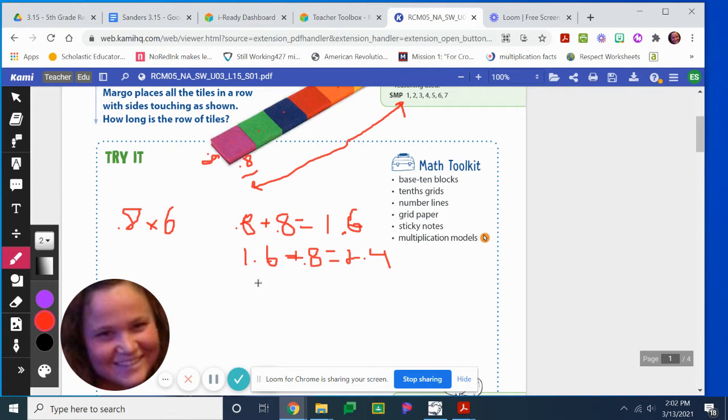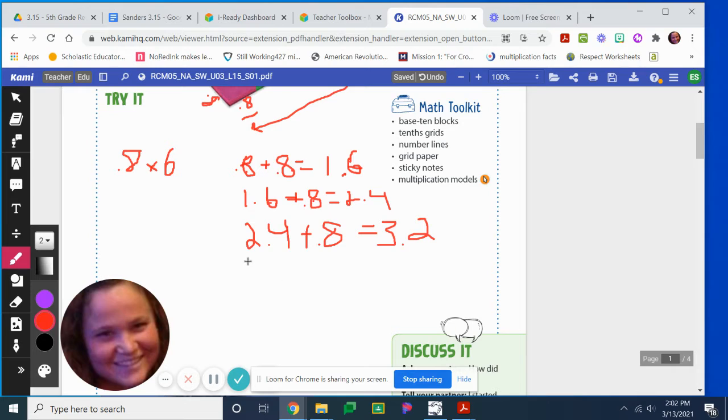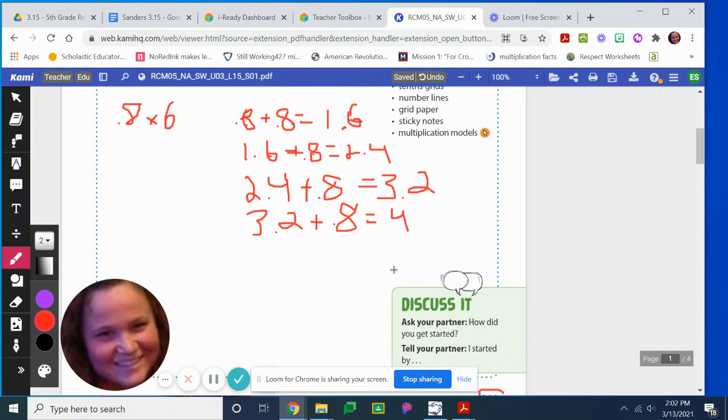All right, and then if I took 2.4 and I added 0.8 more, I have to think 8 plus 4, 9, 10, 11, 12. So the 2 would be in the tens place, and that 1 more carries over to the ones place. So it's 3.2. I've got 1, 2, 3, 4 0.8s. I need to do another one. 3.2 plus 0.8 gives me 4 wholes.